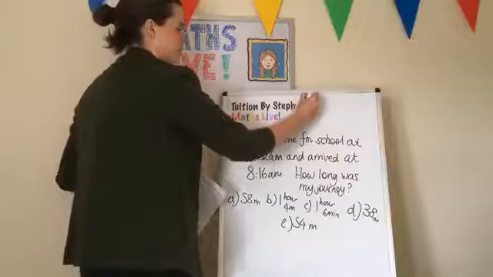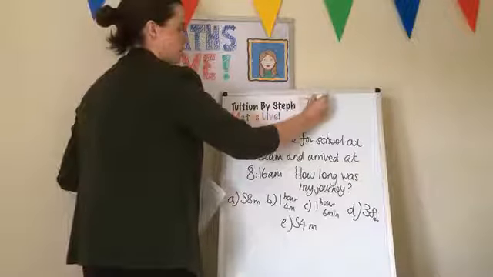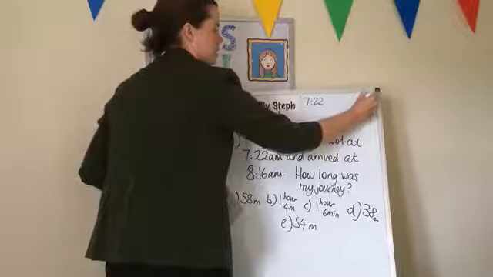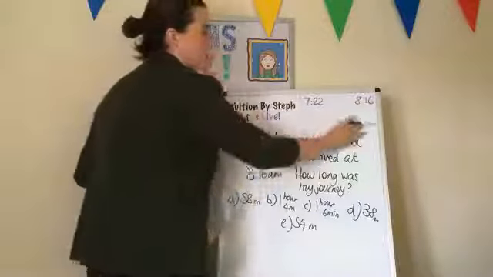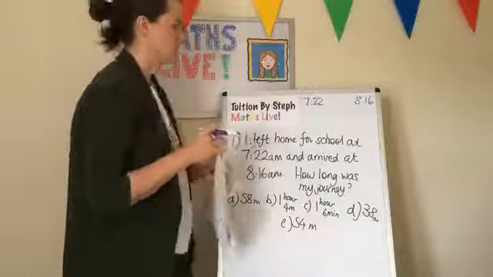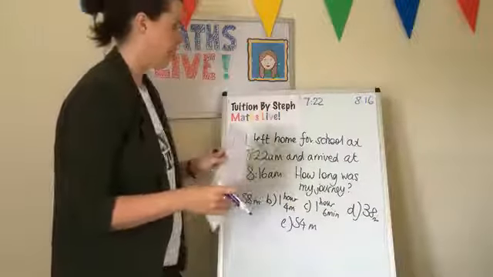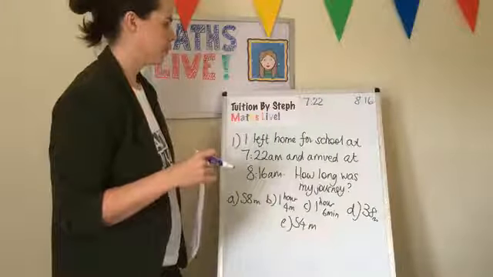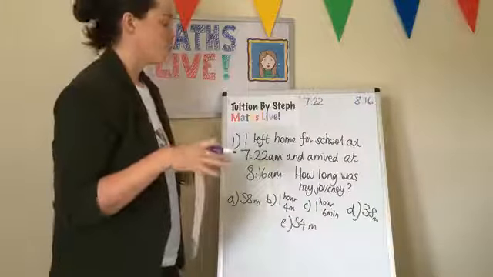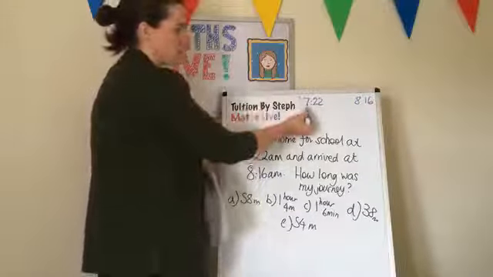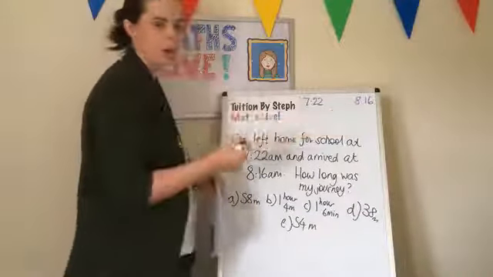So 7:22 and arrived at 8:16. We want to know how long it took. So we need to find out how much we were adding. So one way to break this up is we need to do the minutes, because as you see, if you add an hour on, you go too far past.